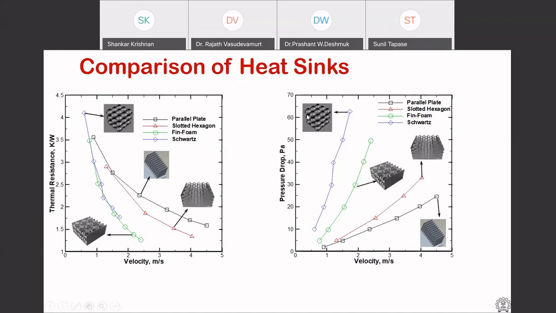The separating flow, one of the geometries that we investigated for sustained flow oscillations, shows very high pressure drops. They are quite useful only when there is no constraint on pressure drop. For example, in aircraft where the heat exchanger is mounted at the front, or in car radiators where the heat exchanger is facing the flow, so it is getting a velocity equal to the speed of the car, where there is no constraint on pressure drop of air.